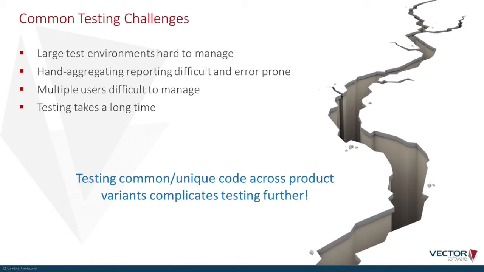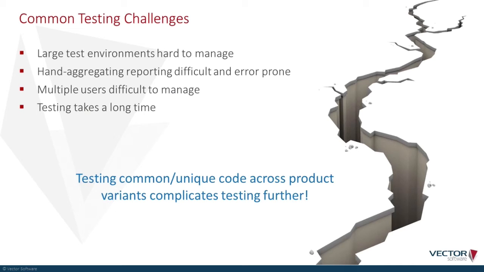All organizations that embark in testing, which is pretty much everybody, face common testing challenges. So you've got large products that are just hard to manage because there's a lot of different types of testing that go on. You've got a lot of users or a lot of testers, all with different results and data that have to be managed. You want to have the ability to aggregate all your reporting, and so it's really hard to do that by hand.